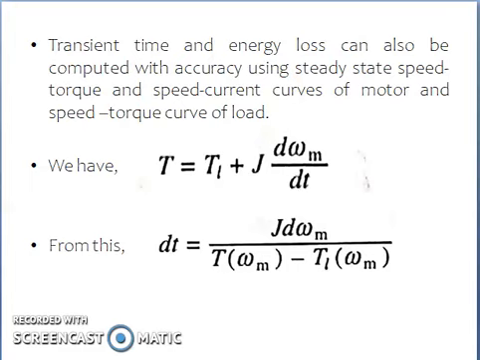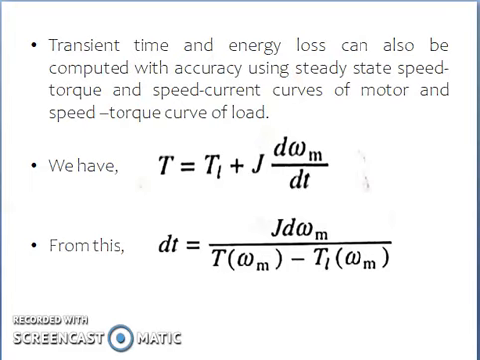This is because the mechanical time constant of the drive is usually very large if you compare it with the electrical time constant of the motor. That is, electrical transients die very fast and motor operation can be considered to take place on the steady state speed torque and speed current curves.